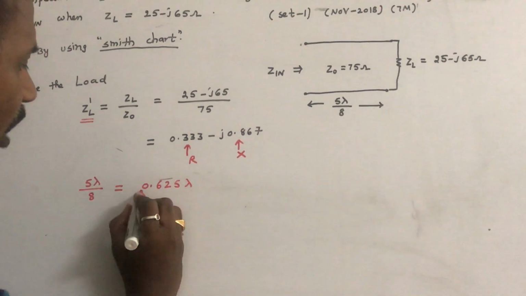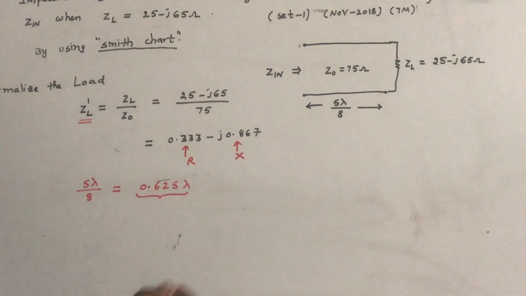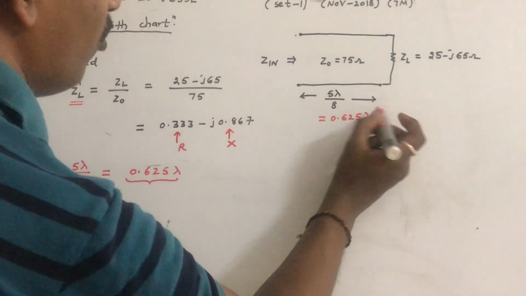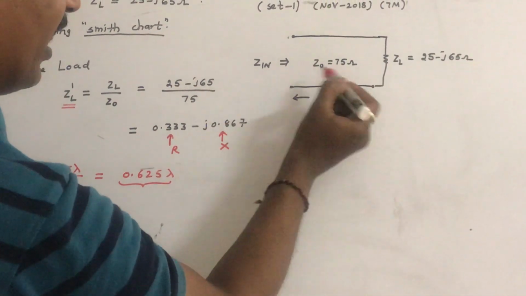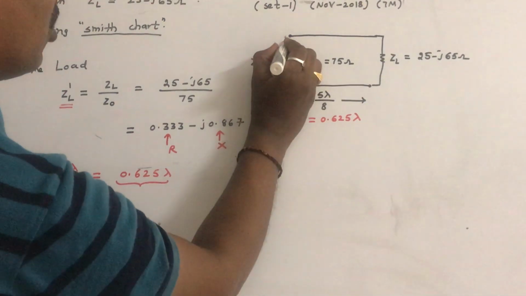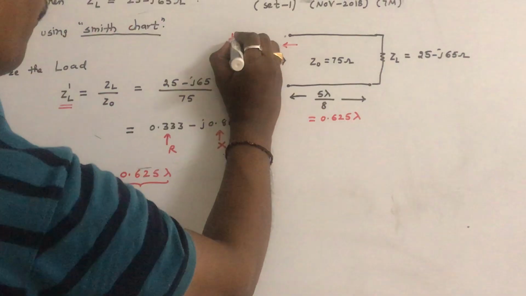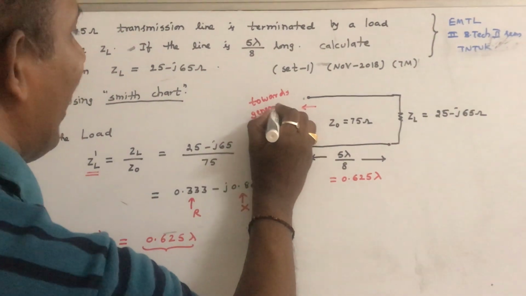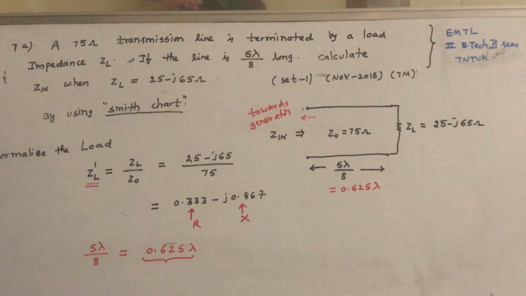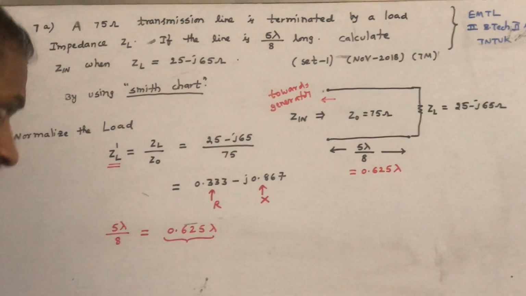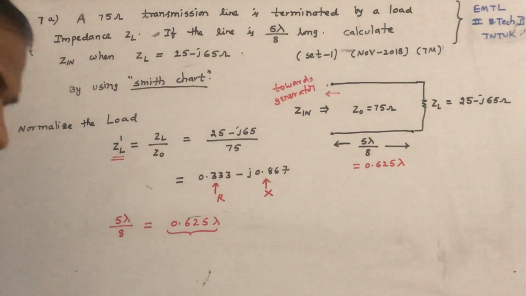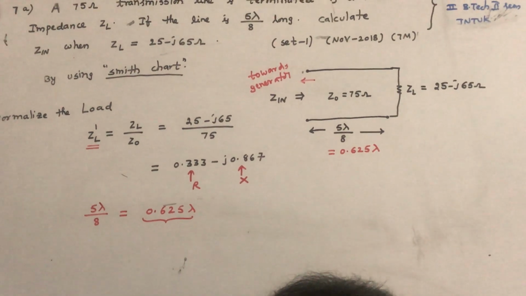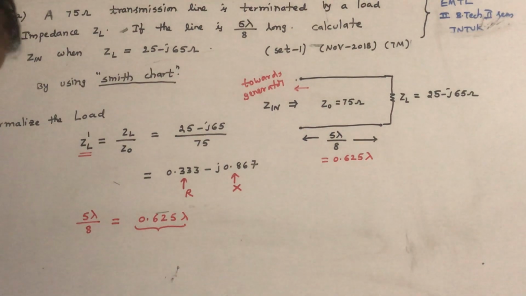From the load we have to move 0.625 lambda towards the generator to find the input impedance. So let us see how to answer this question. Very simple.